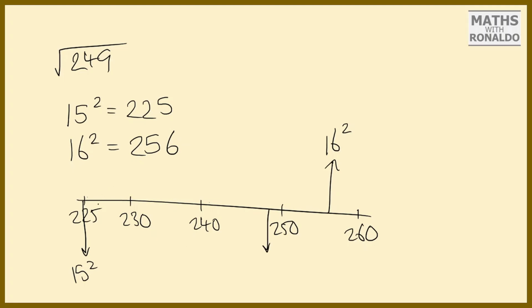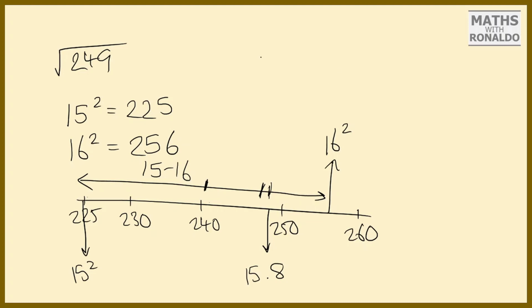So we can estimate that if we are going between 15 and 16 here, and we want this part around here, well, that's halfway, around halfway. This is about 3/4 of the way. This is just above 3/4 of the way. So we can estimate that actually the root of 249 is around 15.8.